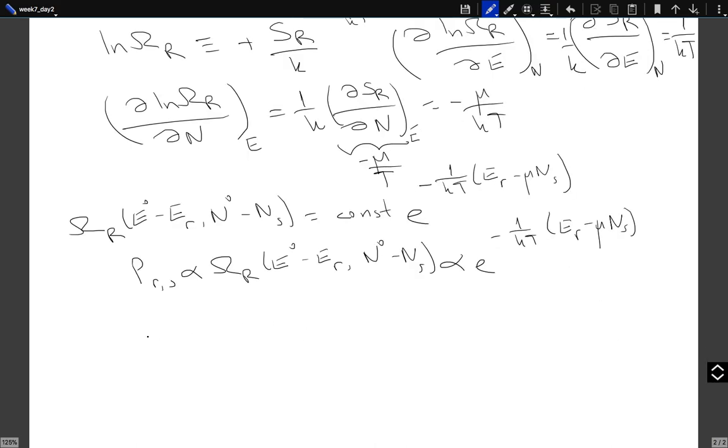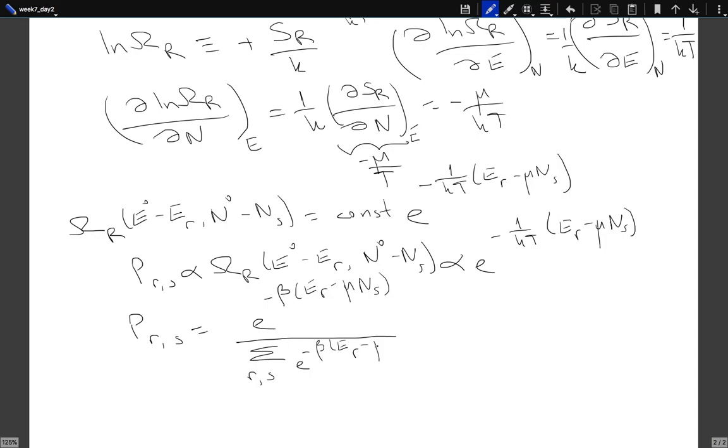Or putting in the proportionality constant, the probability that we are looking for is e to the power minus, let me put the beta, so this is the probability we are looking for.